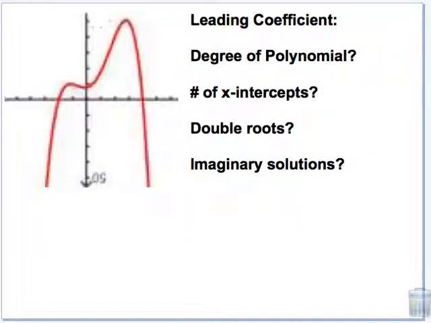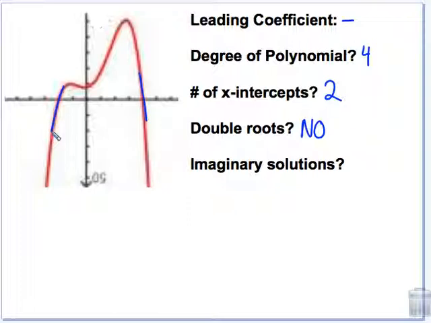By now you're probably saying, well, how do you know if you have an imaginary solution? Let's look at this one. Here your leading coefficient is negative. Your degree is, 1, 2, 3 bends, so my degree is 4. And I have 2 x-intercepts. I do not have any double roots. Notice both of my x-intercepts are crossing the x-axis.